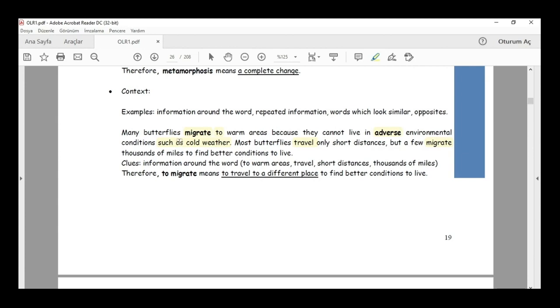Then this means migrate must mean, right, traveling, because most of them travel short distances, a few of them migrate thousands of miles. So migrate means to travel to a different place because you cannot live in your own habitat, in the place that you are living, due to those conditions. So it means to travel.